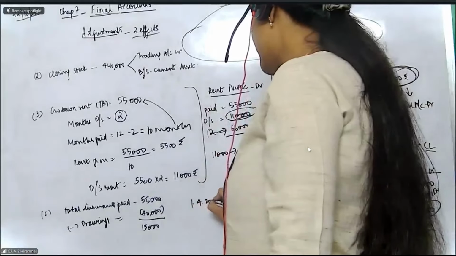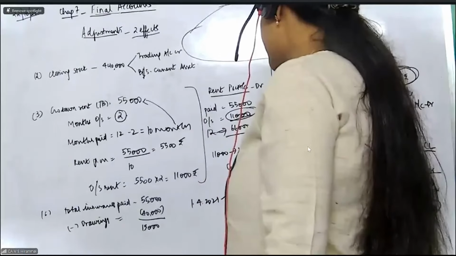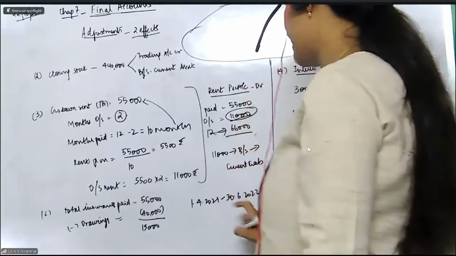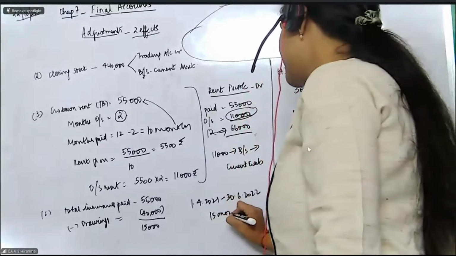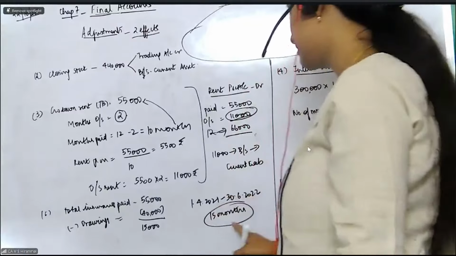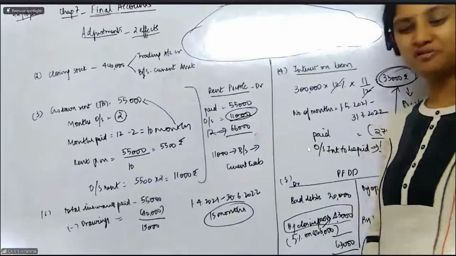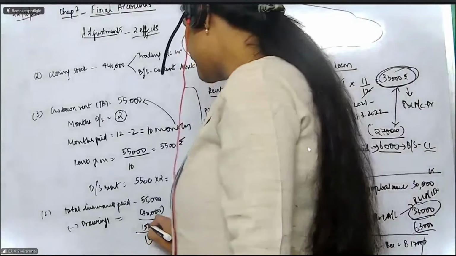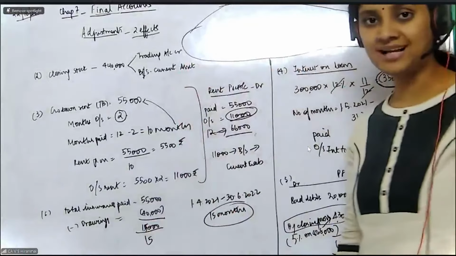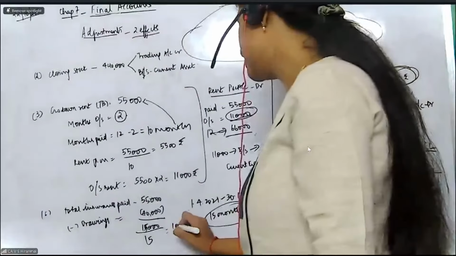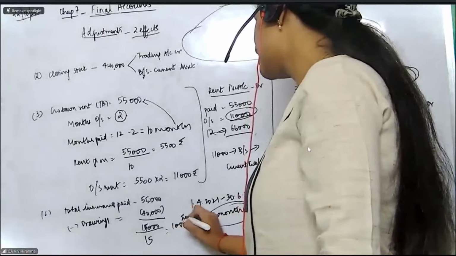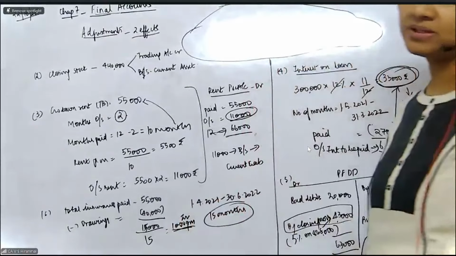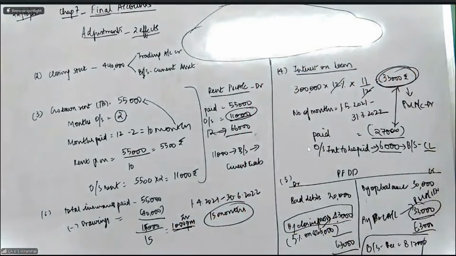From 1/4/2021 to 30/6/2022, I have paid. That means 15 months. So 15,000 divided by 15. Per month, what is the insurance value? It is 1,000 rupees only.